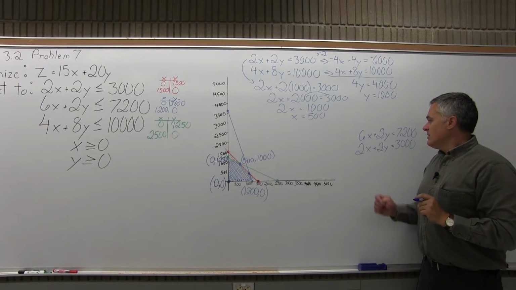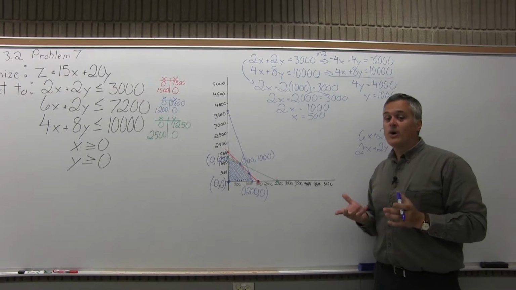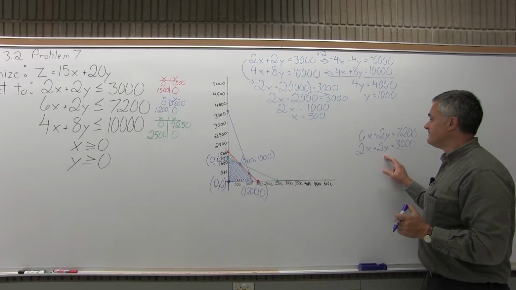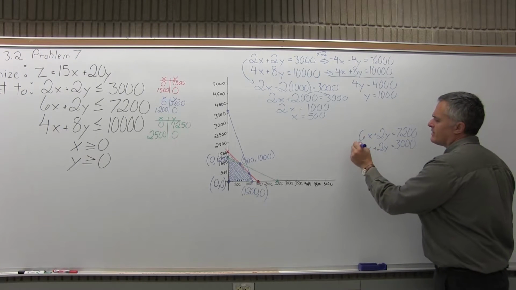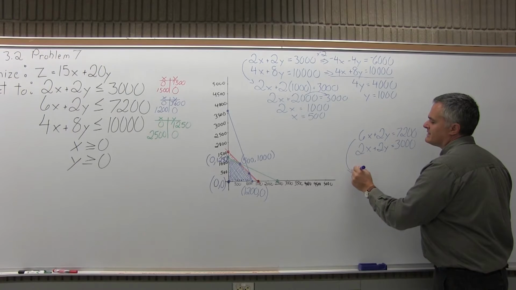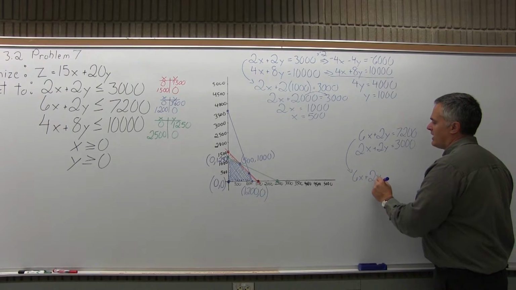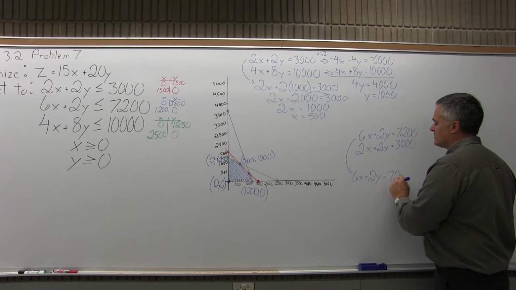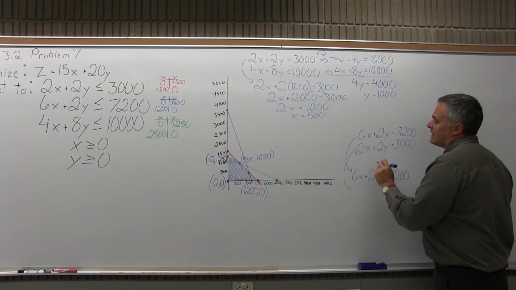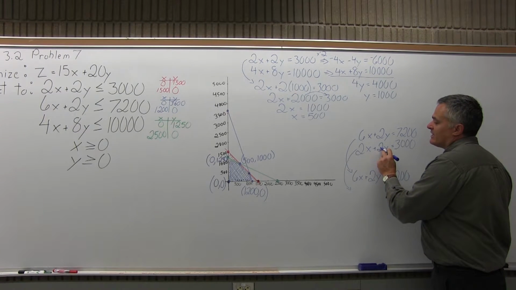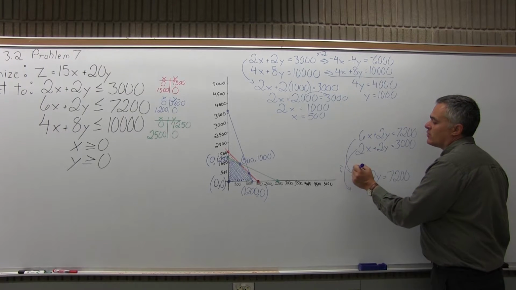So what I would like to do is cancel one of the variables, and I can cancel either one. The y seems lined up a little nicer. So let me bring it down underneath. The top one can stay as it is: 6x plus 2y equals 7,200. Now the bottom one, I'd like to make the 2y that I have negative 2y. So for the bottom equation, everything's going to get multiplied times minus 1.